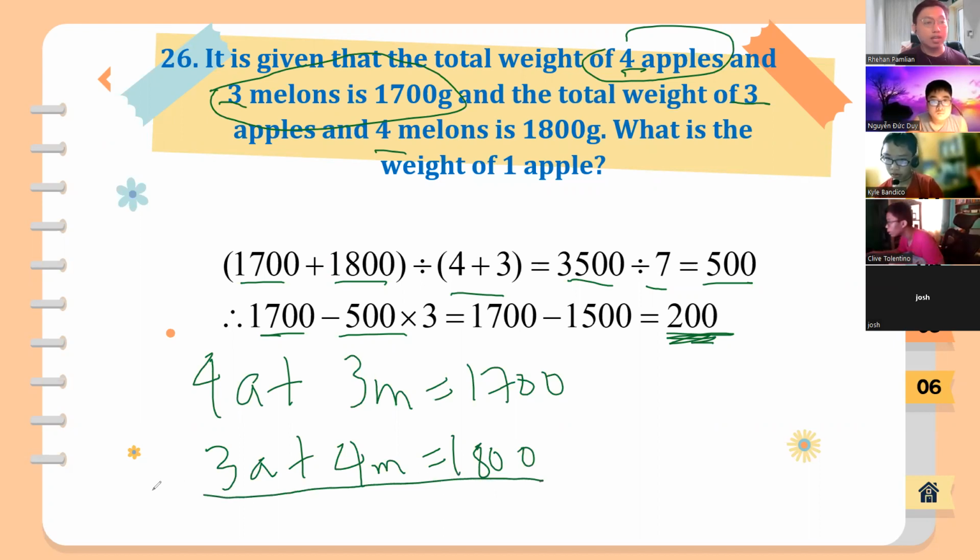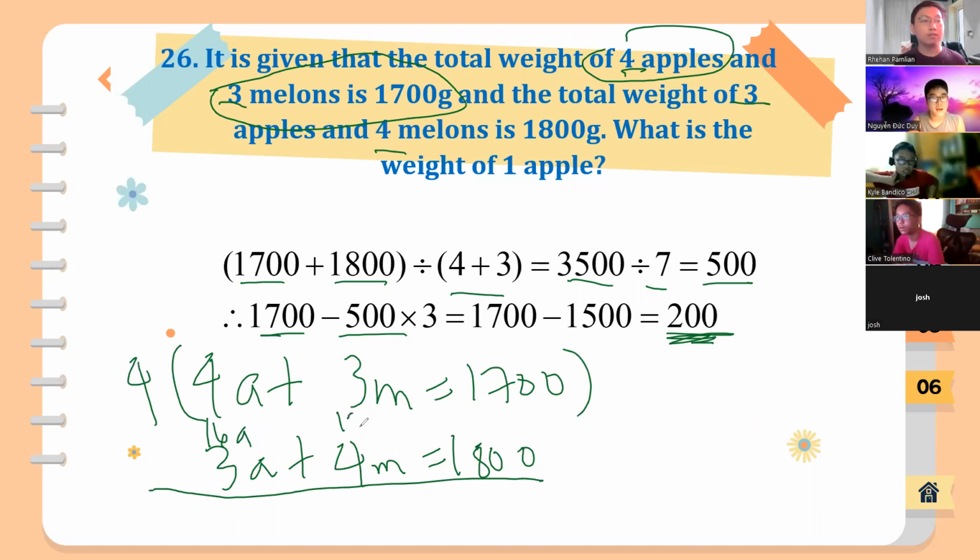So the technique here is you multiply this just to eliminate melons. You need to eliminate melons. So multiply this by 4, correct? If you multiply that by 4, this becomes 16 apples. 4 times 3 is 12.